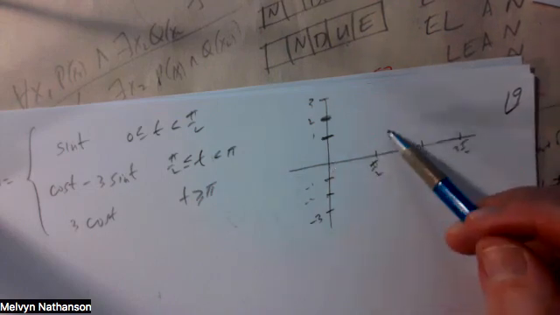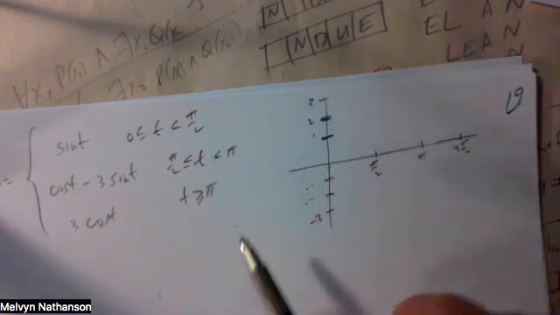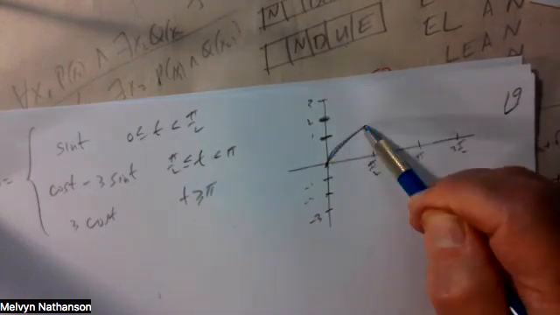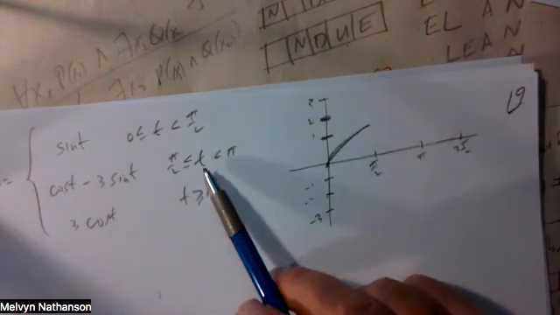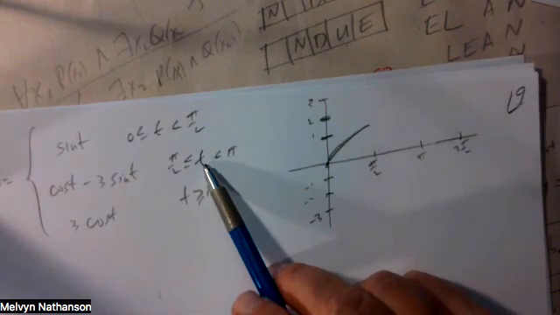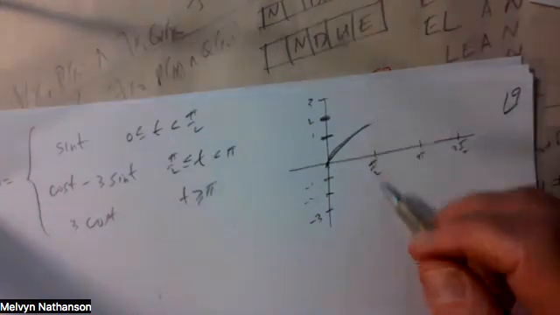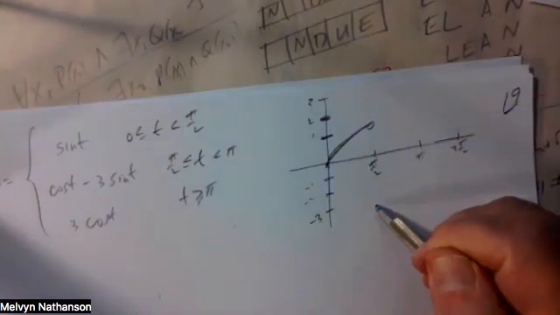So from 0 to pi over 2, it's just the ordinary sine function. Looks like that. When t is pi over 2, this is 0 and this is -3. So it jumps to -3.